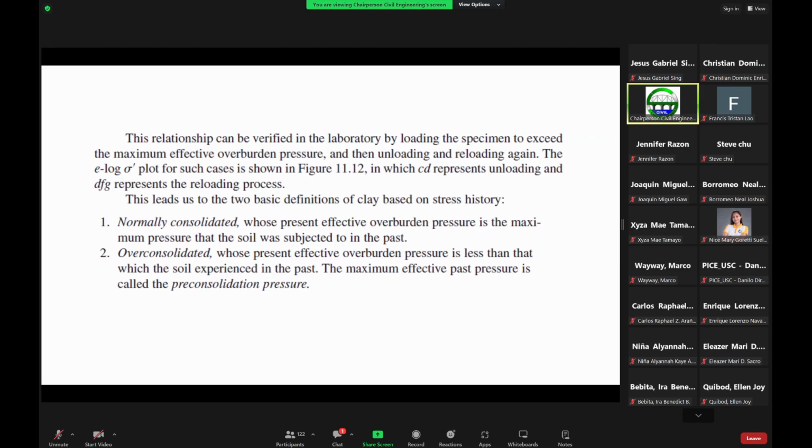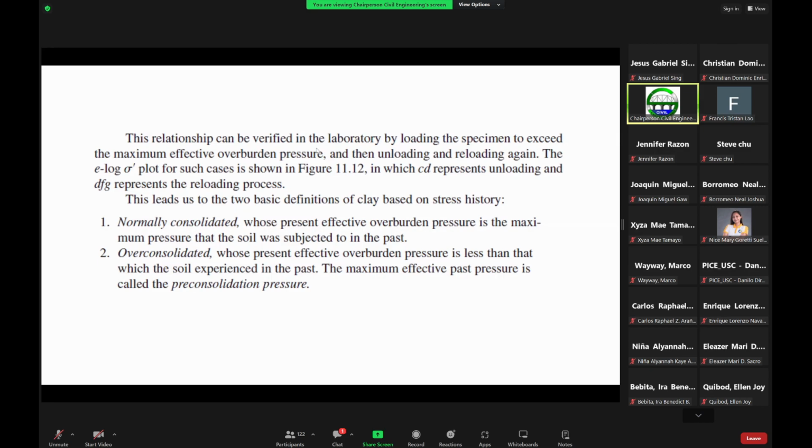Again, such a relationship can be verified in the laboratory by loading the specimen to exceed the maximum effective overburden pressure, and then doing some unloading and reloading.